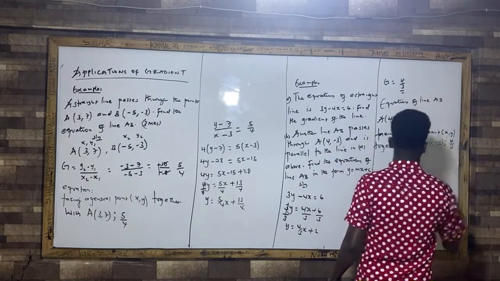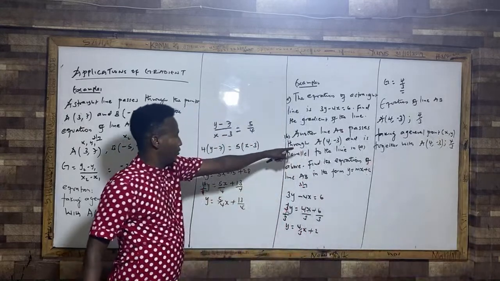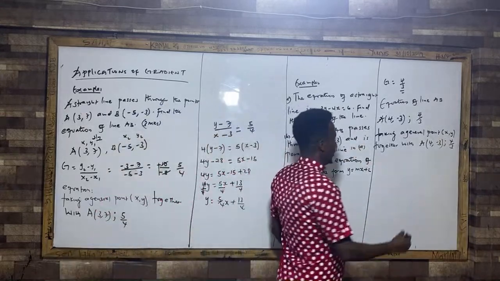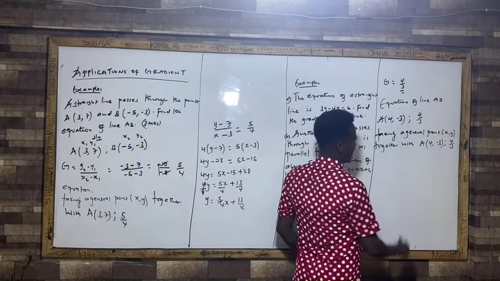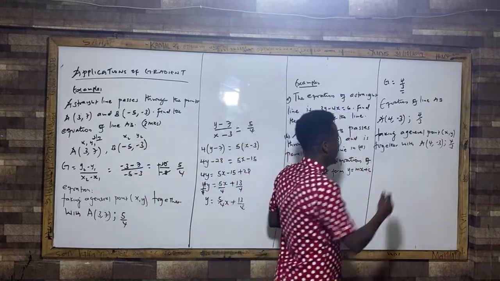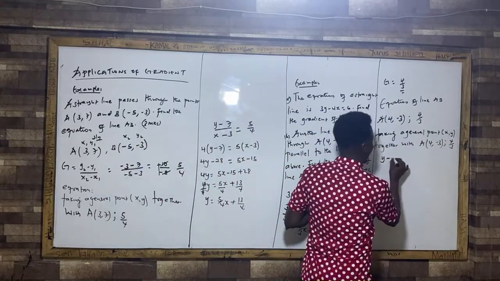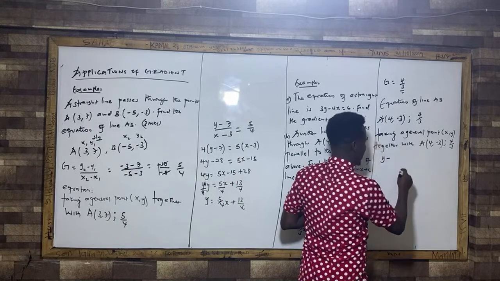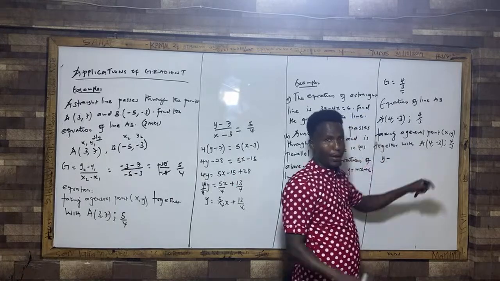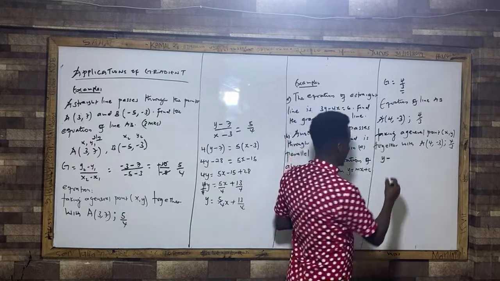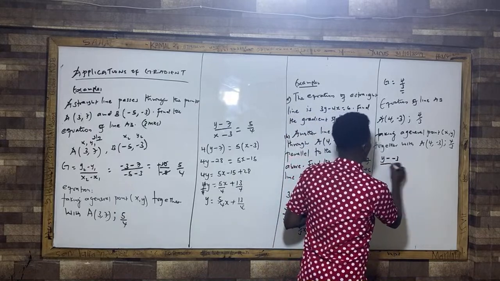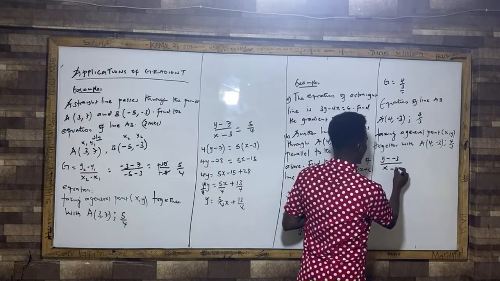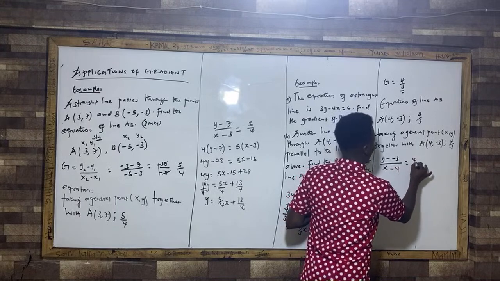then semicolon, 4 over 3, which is the gradient. I have the point and the gradient. So now I'll express this gradient. Expressing the gradient, you're going to say y, which is the general one, minus the y value of the point taken. So we have here negative, so it will be minus minus 3, divided by x minus 4, is equal to 4 over 3.